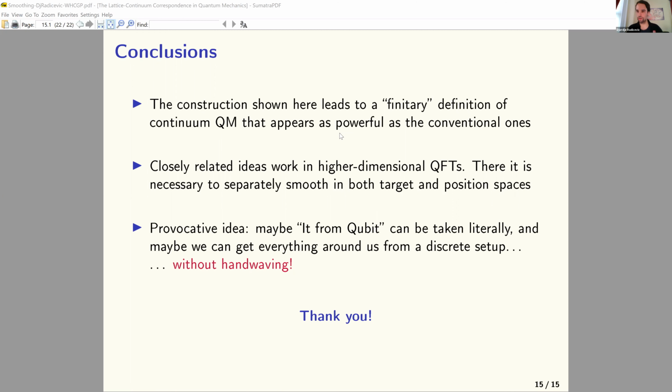It also promises that maybe there really is something to it from qubits, where you can precisely start talking about continuum theories from lattice ones. And this is something that I think was not appreciated, how precisely it can be done. I want to get this idea out there that it's doable in a much more controlled way, and that a lot of nice things can come out from a lattice. So with that, I'm going to stop, thank you for your time, and open the floor to questions.